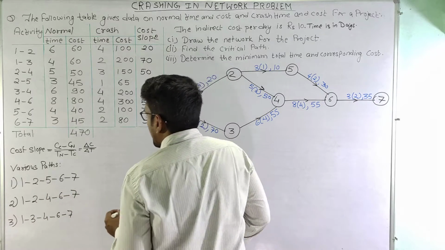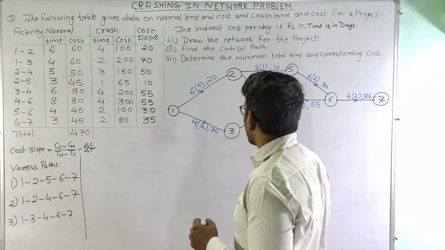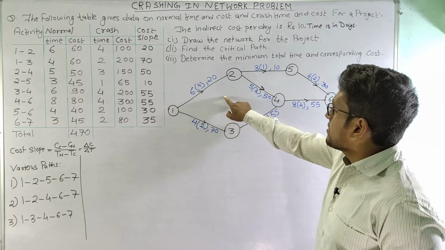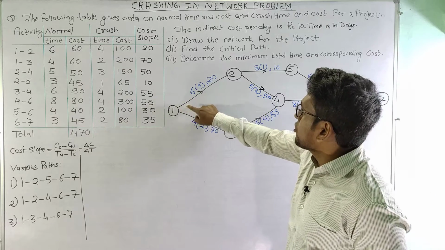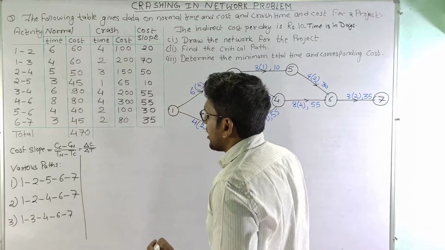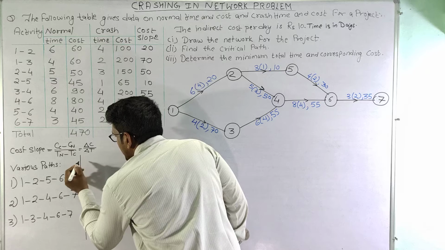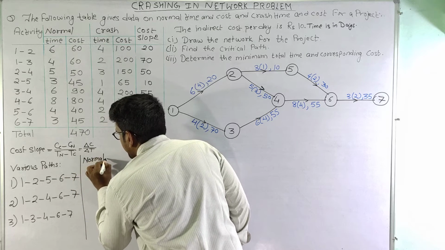So first of all, let us see what is the normal timing, that is the time taken by activity is normal time. By normal time, what are the time for these 3 paths? So this is the normal time.